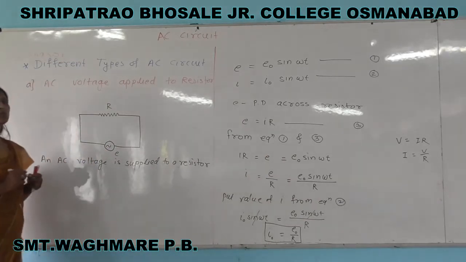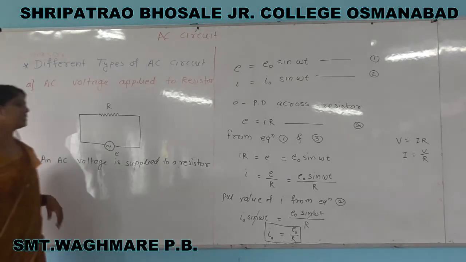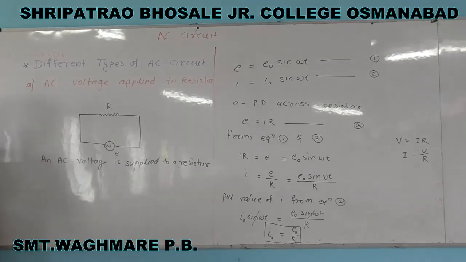When we compare these two equations, AC circuit and DC circuit, the resistor behaves similarly for AC and DC. Means the resistance behaves the same in the AC circuit and the DC circuit. That is, it plays the same role in both.